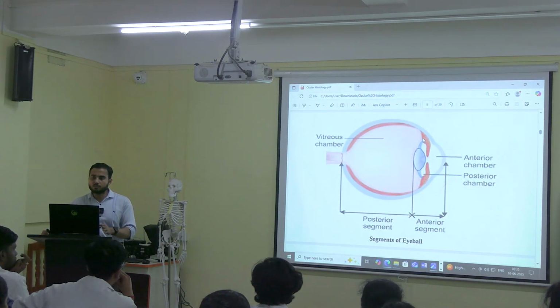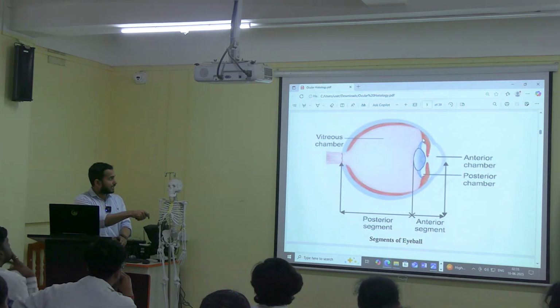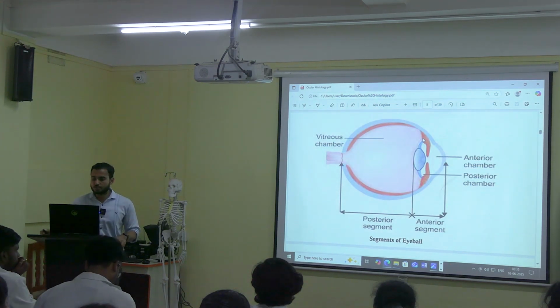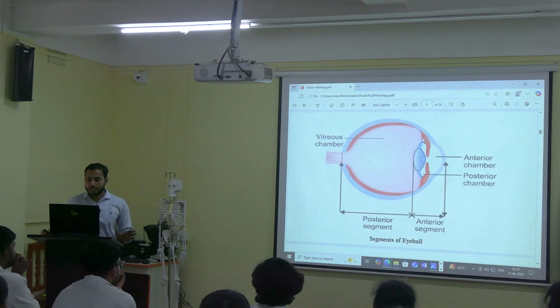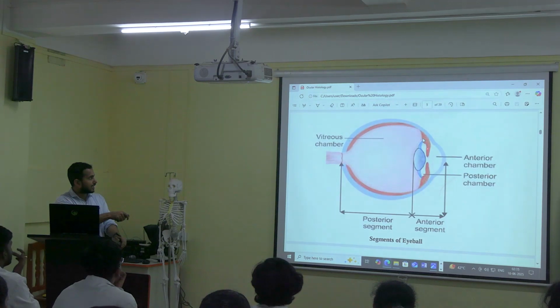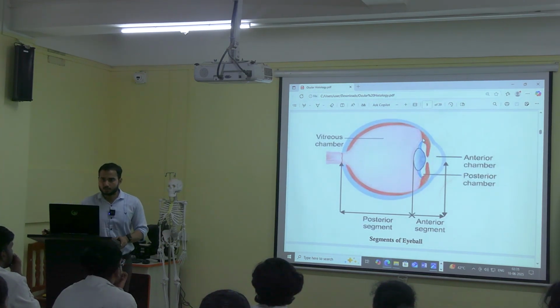The space between the cornea and the iris is called the anterior chamber. And the space between the iris and the front of the lens, this small area, is called the posterior chamber.